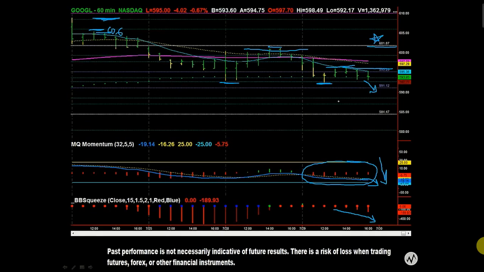Where should we write our credit spread? I think it might be a good idea to try to do it 605 to 610, saying that the price of Google will stay away from this area right here for the next 11 bars, because this is going down. That's how we do it. We are looking for active support and resistance levels.